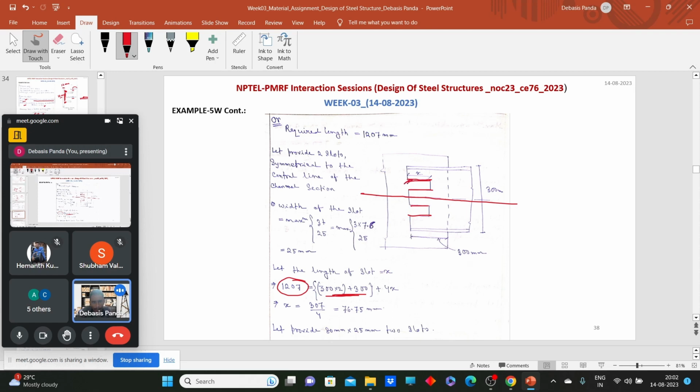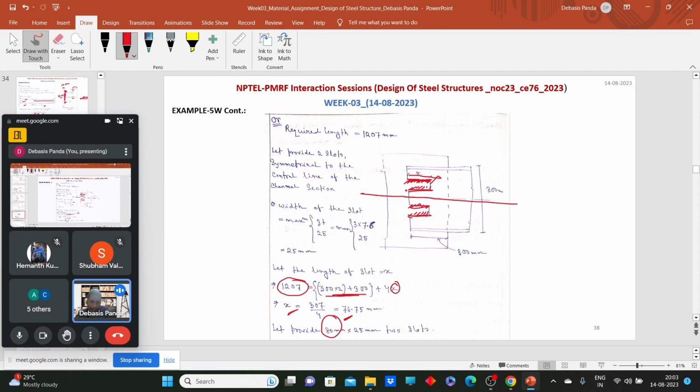So along this periphery and this periphery we can weld, and along these we can provide extra weld. We don't know the length of the slot, so let's consider the length of the weld as x. Here how many lengths will we get? 1, 2, 3, and 4. So 4x, and easily we can calculate the value of x. That x is coming as 76 mm. So let's provide two slots of 80 mm. What is that 80 mm?